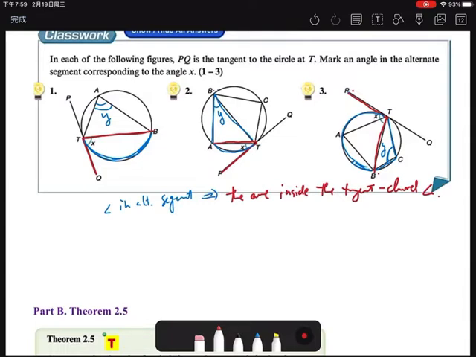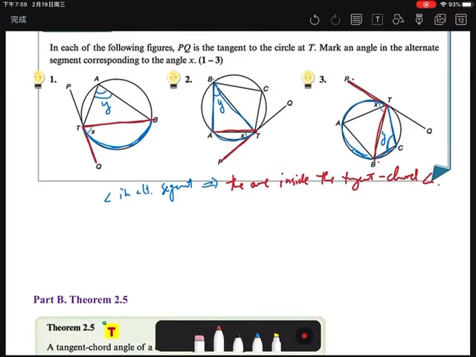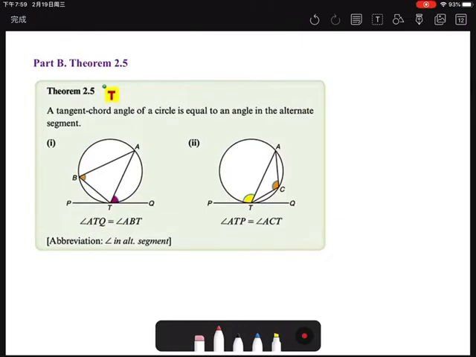Then the angle at circumference subtended by the arc inside the tangent-chord angle will be the corresponding angle in alternate segment. All right, so this is about the angle in alternate segment.